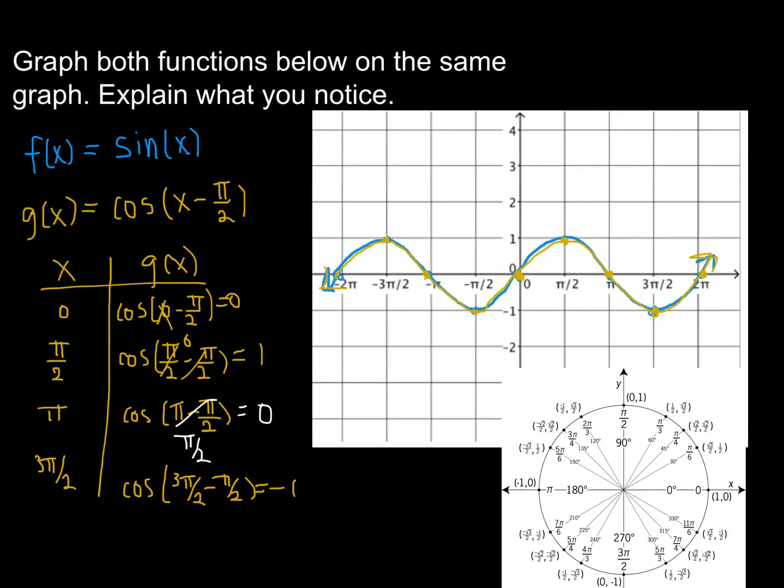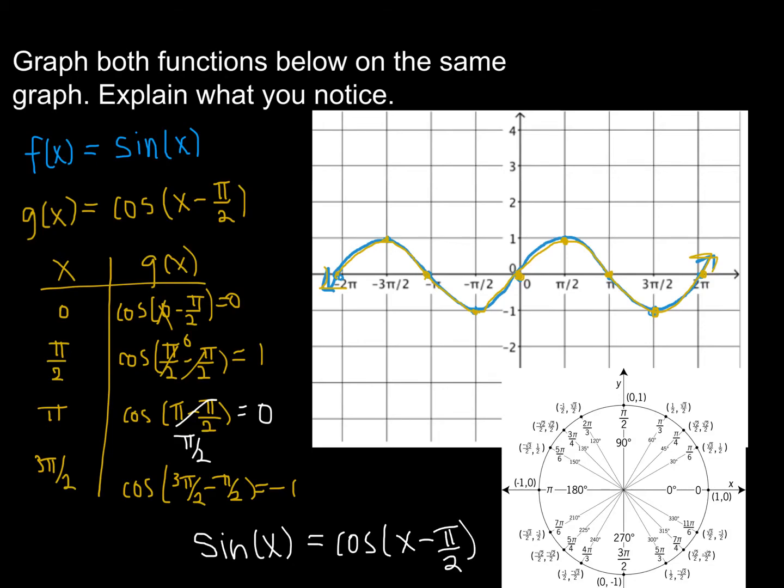But what this tells you is that if you take cosine of x and you subtract away pi over 2 from its argument, you're going to get the exact same function as sine of x. In other words, we have an equation, which is that sine of x is equal to cosine of x minus pi over 2.